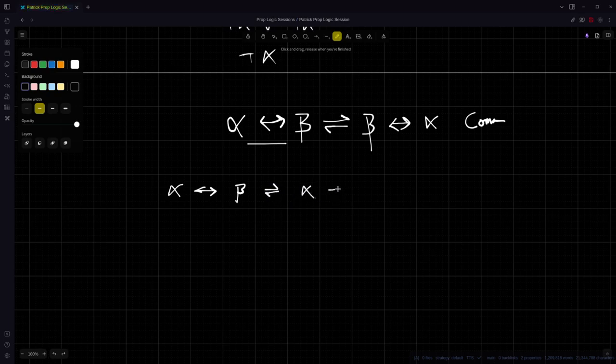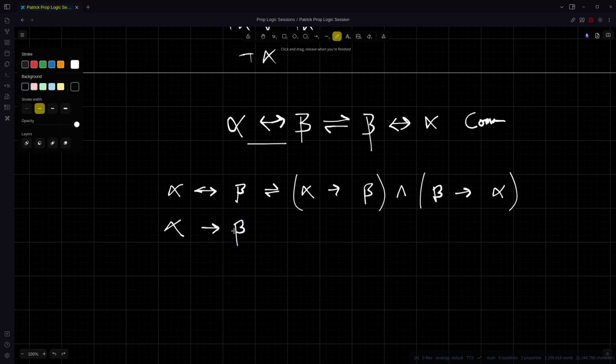So that's alpha implies beta and beta implies alpha. That's the material equivalence, one of them anyway. So since this is a conjunction, there is a rule that I can apply and get alpha implies beta from it.